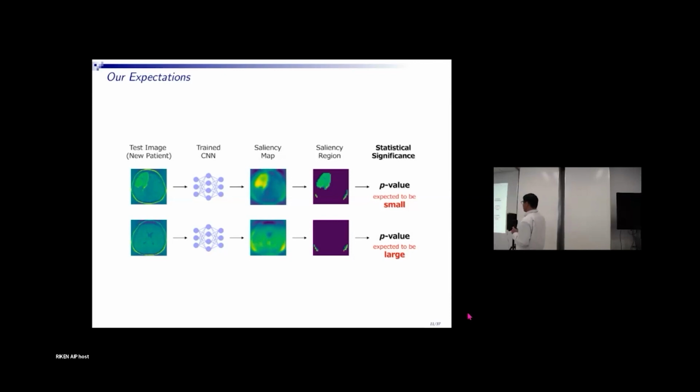On the other hand, in the bottom case, since this is a normal image, some lesion is perhaps just an artifact obtained from the noise. So therefore, we expect the p-value here to be large, indicating that this is not statistically significant.